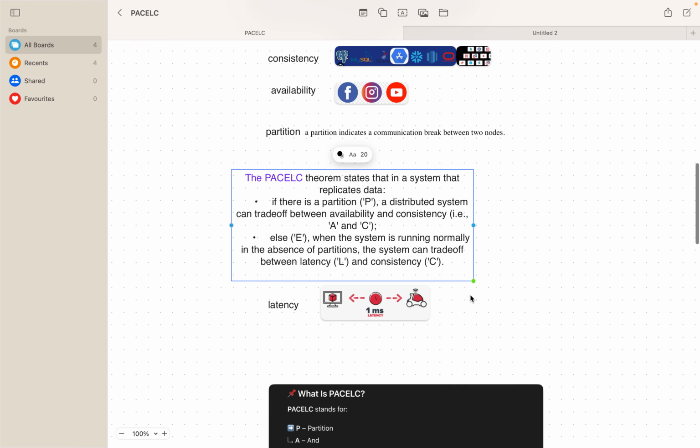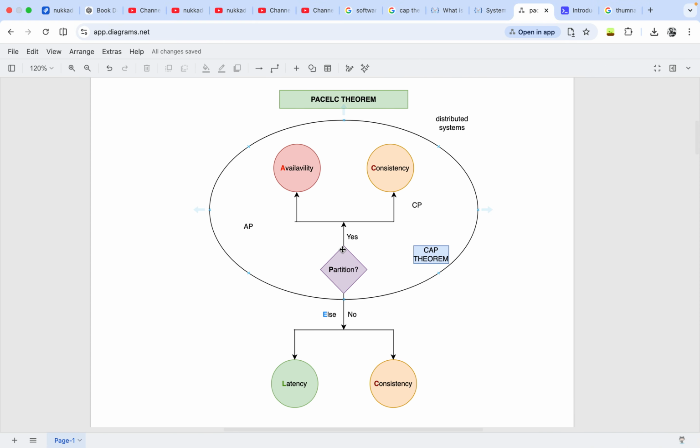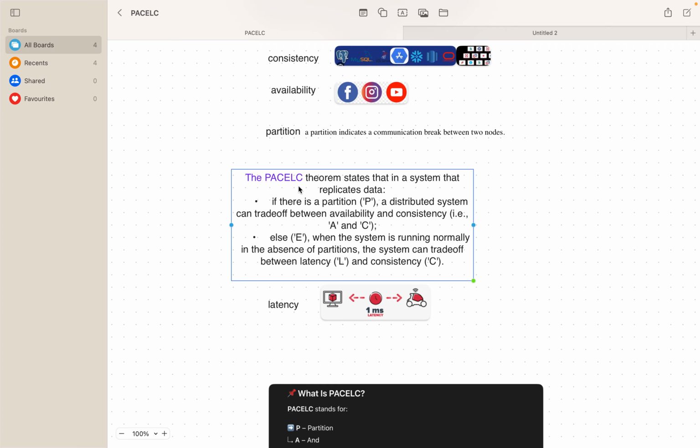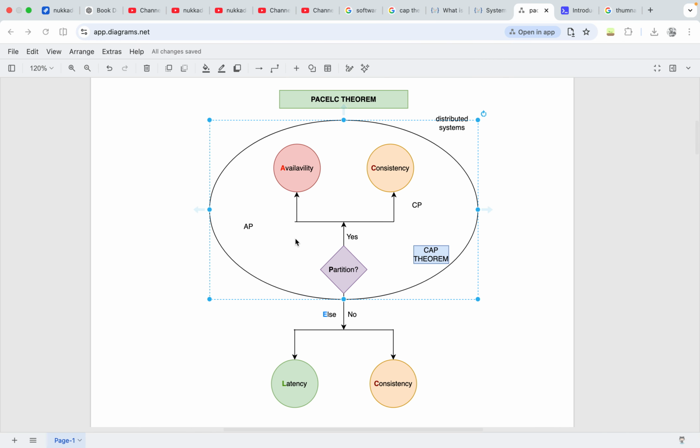In this diagram also you can see PACELC explained. The PACELC theorem states that in a system that replicates data, if there is a partition, P, a distributed system can trade off between availability and consistency. If partition happens, then availability or consistency, the same diagram, right? So the first part of PACELC is the CAP theorem, and else is the extension part.